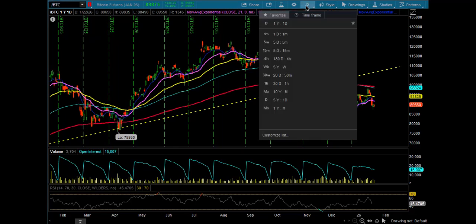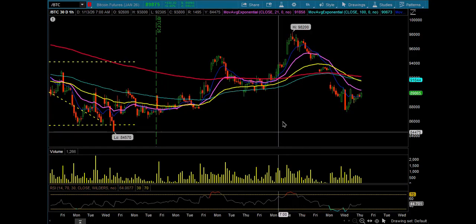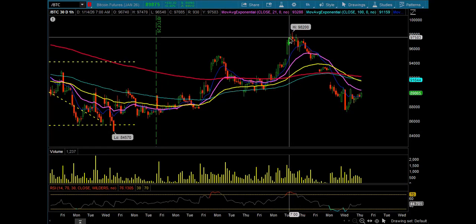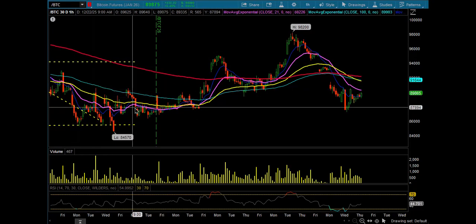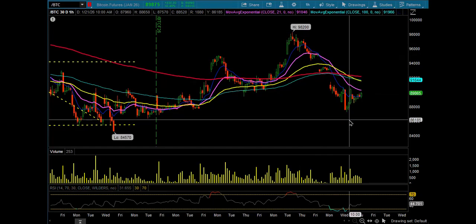Let's take a closer look at it. This is the 1-hourly chart here, and it went up to 98,000, which was near the 200-day moving average. It was consolidating in this area for some time, and then it made 98,000 and came down here.